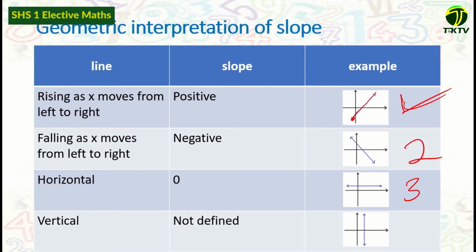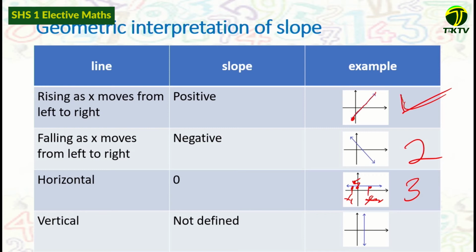Let us try to apply the formula to this one so that we will understand why it is 0. If I indicate 2 points on that line and I trace them to the x-axis, I'll get x1, and I'll get x2 there as well. But because the line is horizontal, the y1 and the y2 will be at the same point. So if you have y2 minus y1 and the value there is, let's say, 5, then you have 5 minus 5, which will give you 0.